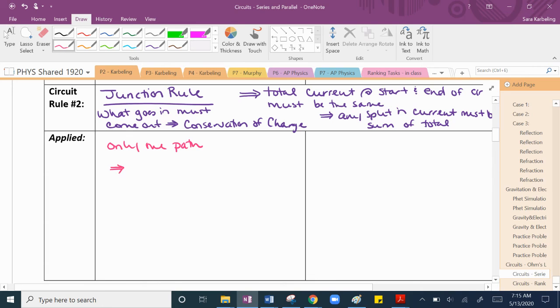That means that in a series circuit, the current must be the same throughout the circuit because we can't add any or lose any, and it's just got to be a flow, right? Any charge that goes in has to come out. So there we go, okay?